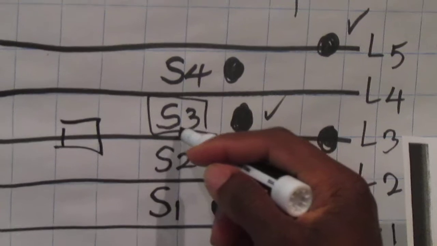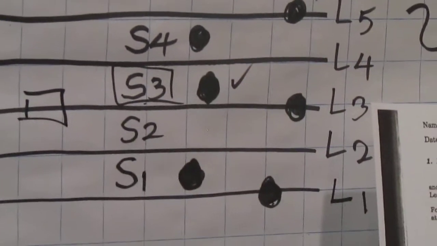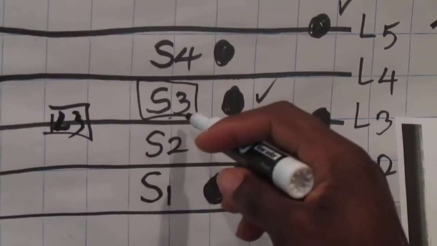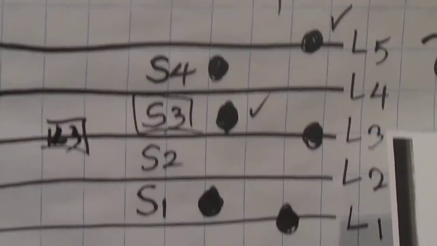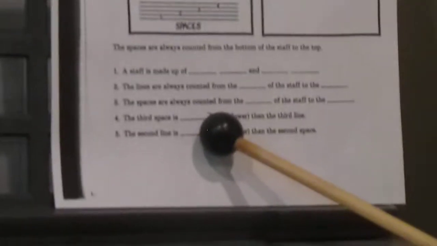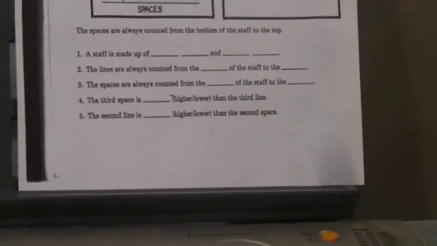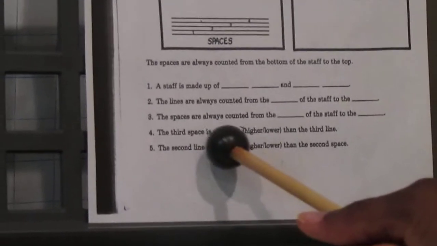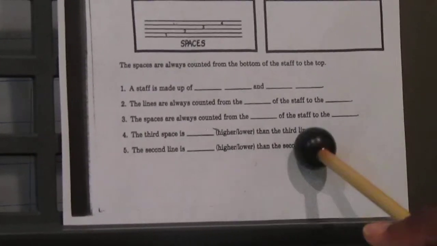And this is the third space. Which one is higher? L3 or S3? S3. So therefore, the third space is higher than the third line. Does that make sense? The third space is higher than the third line.